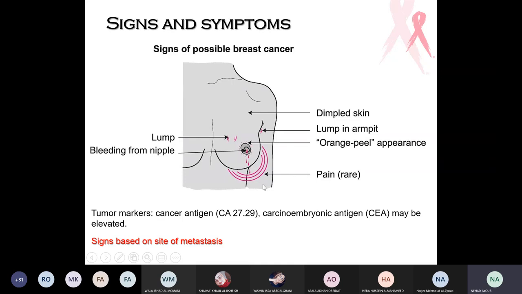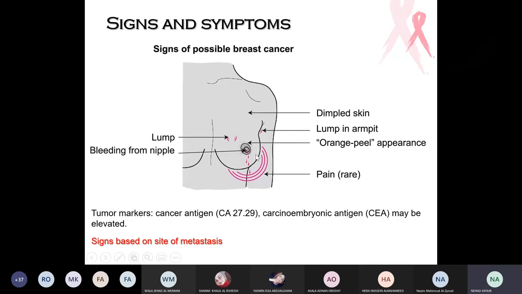Usually in 90% of breast cancer cases, the patient will detect the presence of a lump, or a mass. It can be in the breast area, it can be sometimes underarm, okay? A lump is a very typical finding. Now, sometimes there are changes to the breast itself, like swelling, erythema, okay? Sometimes changes to the nipple.